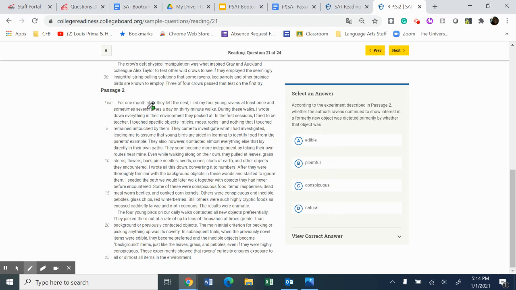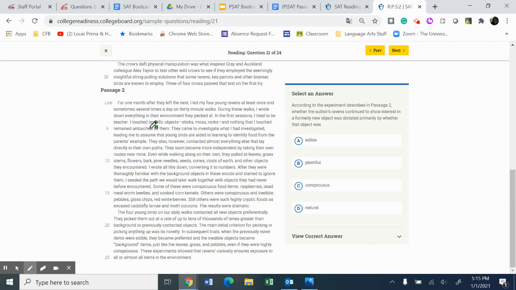So let's go through. For 1 month after they left the nest, I led my 4 young ravens at least once and sometimes several times a day on 30-minute walks. So this guy looks like he's taking his ravens for walks. During these walks, I wrote down everything in the environment they pecked at. In the first sessions, I tried to be teacher.